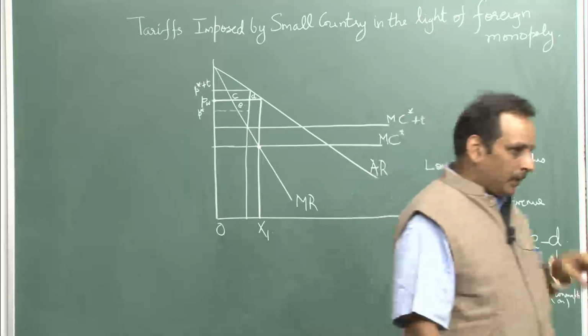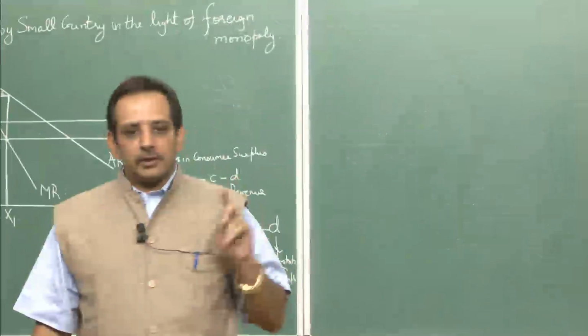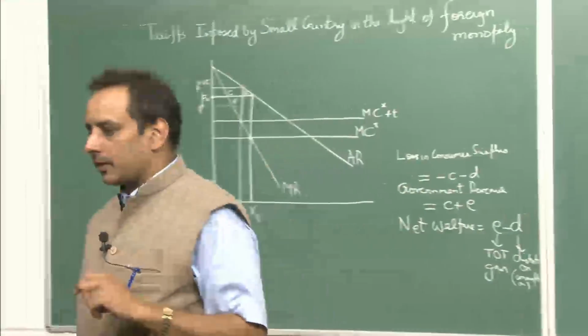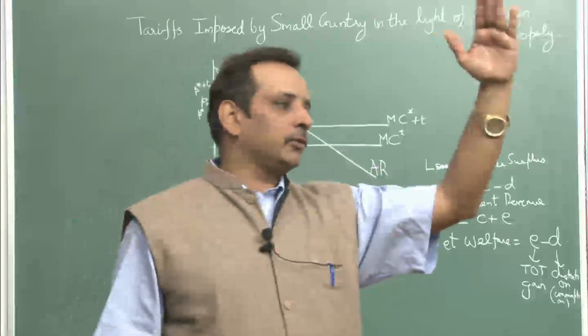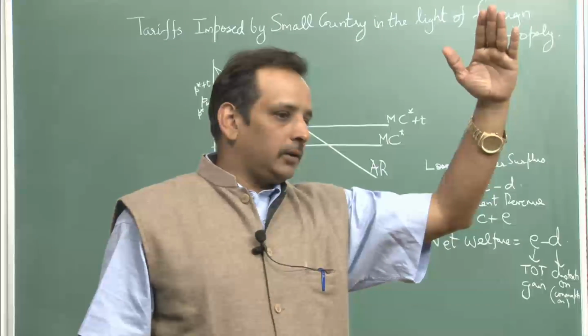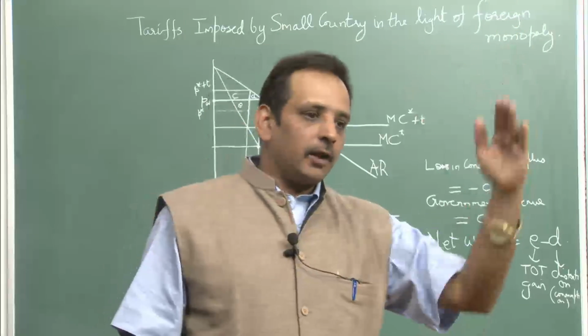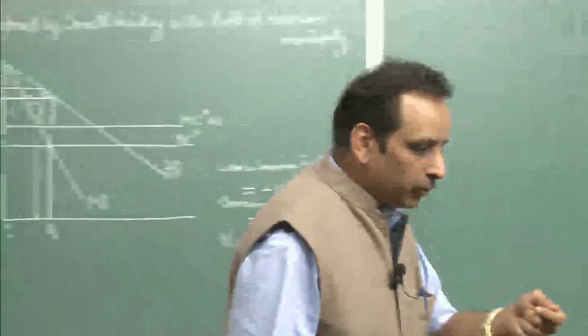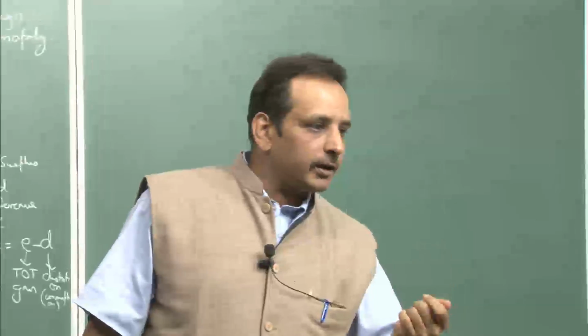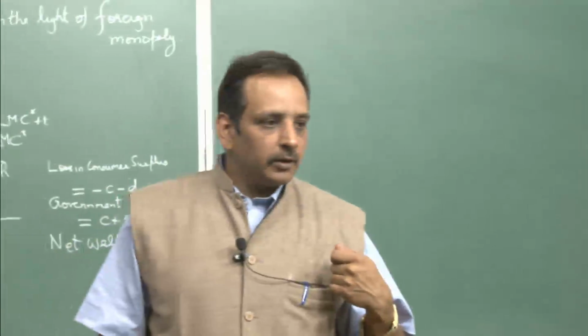Why? Because remember, when we were discussing tariffs which were imposed by small or large country, the export supply curve shifted to the left. Right? The supply curve shifts to the left because if I am providing good to you, you impose tariffs, I would take it as a tax on me.